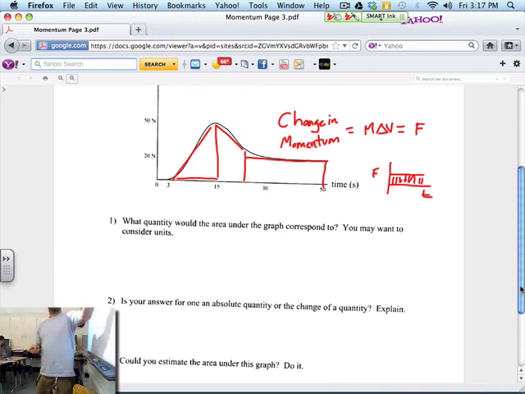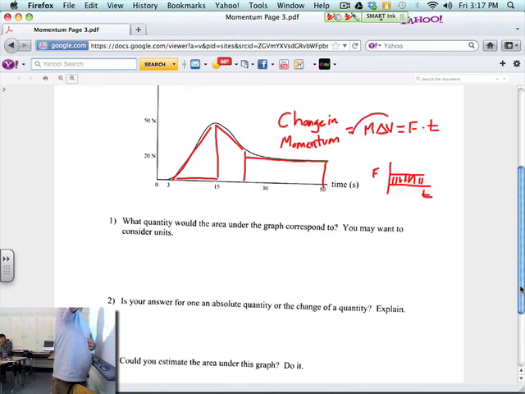So in the simpler case, where you have a constant force that's external applied to a system, I don't even need the delta t there. I could just write F times t, right? And this side of the equation is called change in momentum.